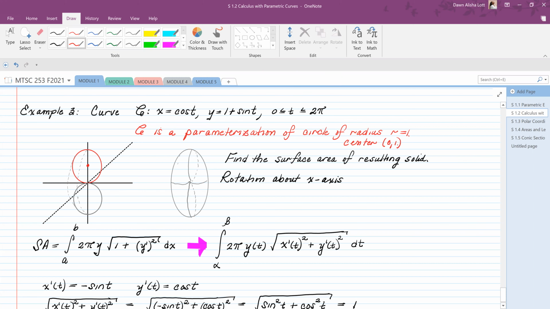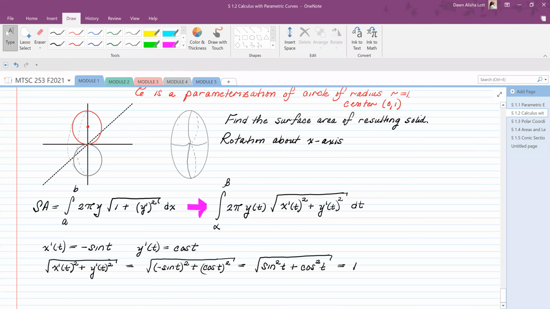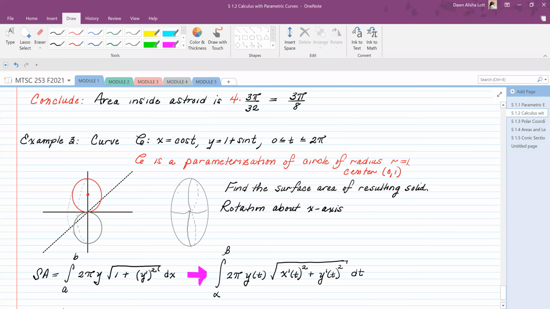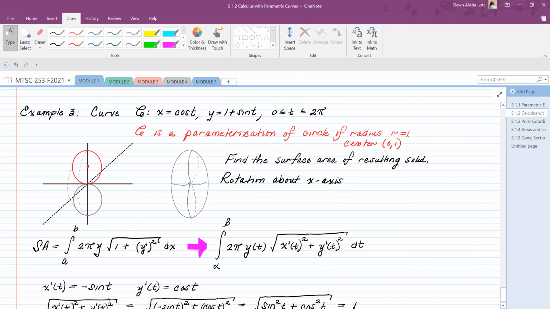Because the other one would have been a circle centered at (0, 0), and that's not what I want. I want the circle up top, and I want it to go all the way down and come back. So now it is correct. All right, so let's see, does that change anything? I don't think it changes anything. y prime is still just cosine t.